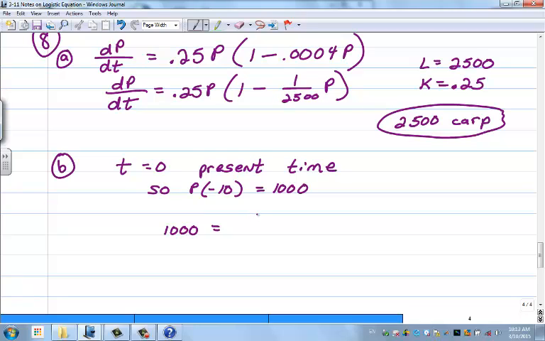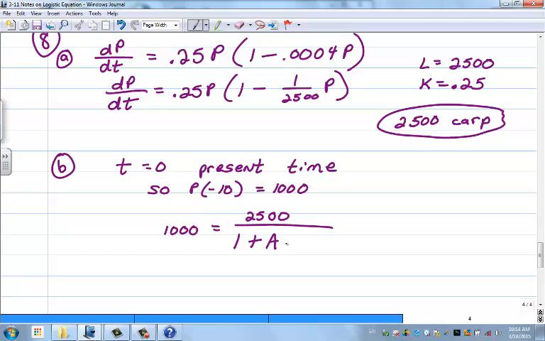Now remember, our equation is L over 1 plus A e to the negative kt. All right, so they want the population at time 0. The population of carp at time 0. That's what we're trying to find. All right, so 1,000 equals L, which is 2,500, over 1 plus, we don't know what A is yet, but we do know what K is, and we do know what T is, right?